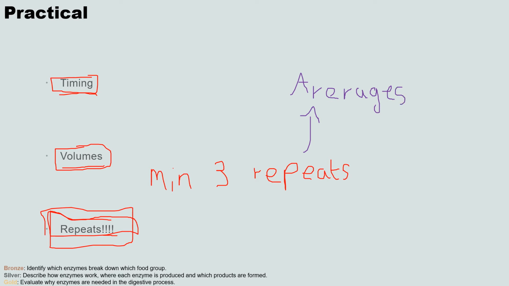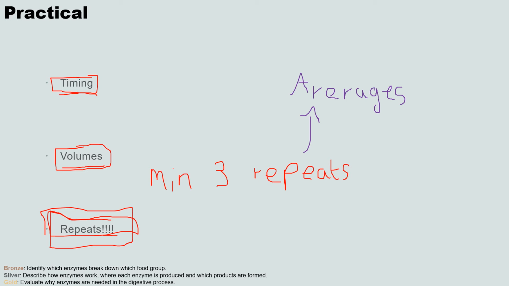Okay, so minimum of 3 repeats, and let's go through anomalies. An anomaly is a result that is not expected in that trend or data set. So it may be a lot higher in seconds than the result that you'd expect for that pH, or it might be lower than what you'd expect for that pH, for example. By doing 3 repeats, you can see which one the anomalous result is.